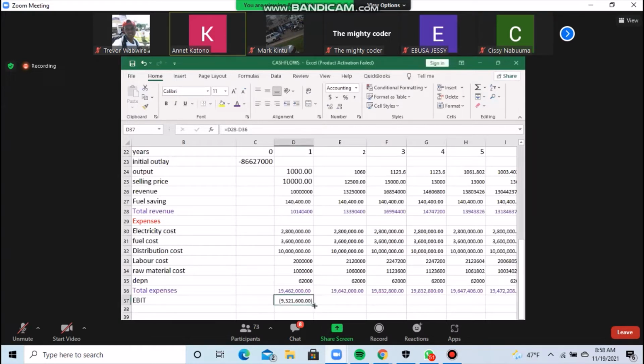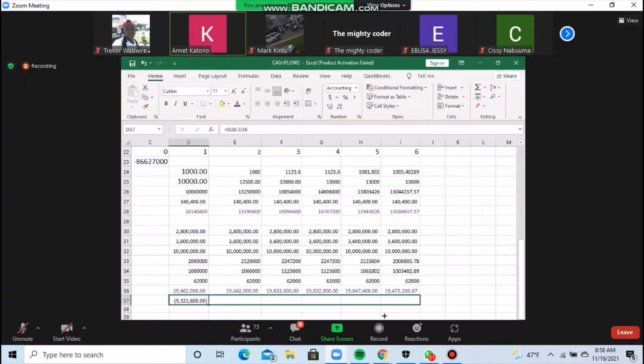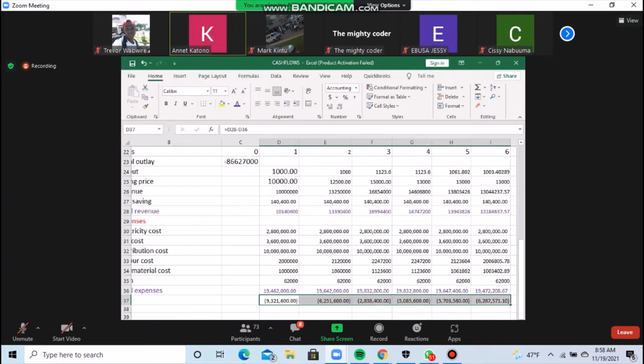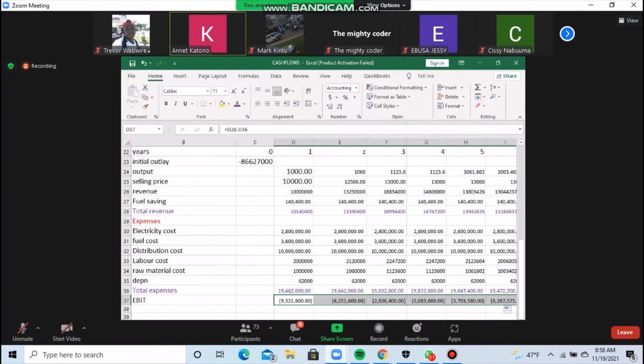Okay, so this is what we have in year one as our total earnings before interest and tax. So we have expenses as compared to the revenues.